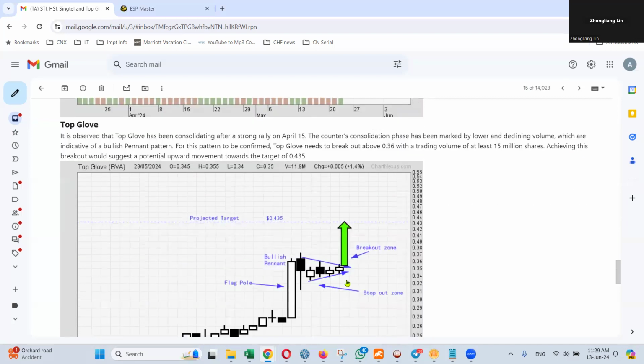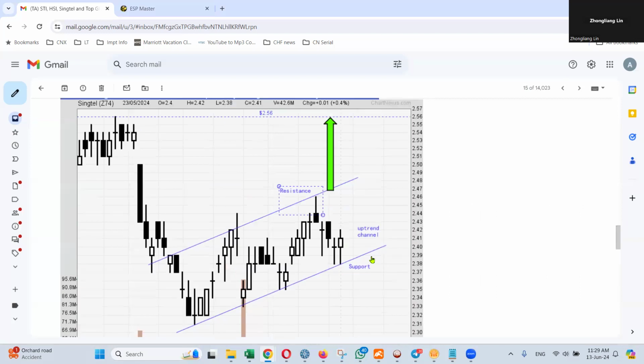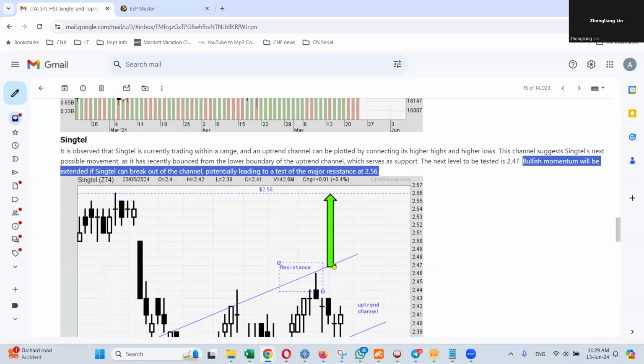And then Top Glove, of course, I'm expecting a breakout over here, but I don't think it breaks out. So yeah, these are the things that we should look out for, especially when you do a technical trade. Breaking above resistance is very, very important.